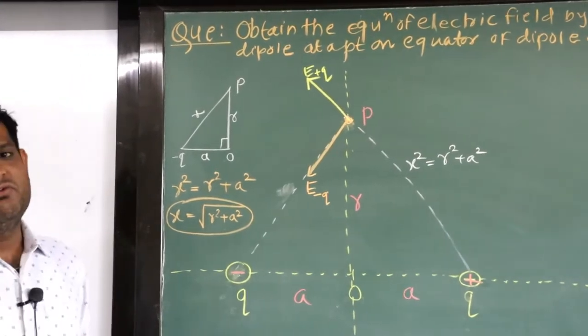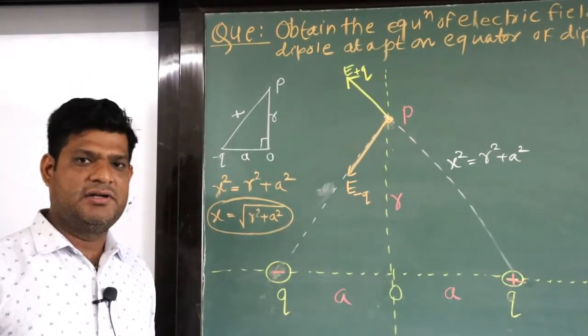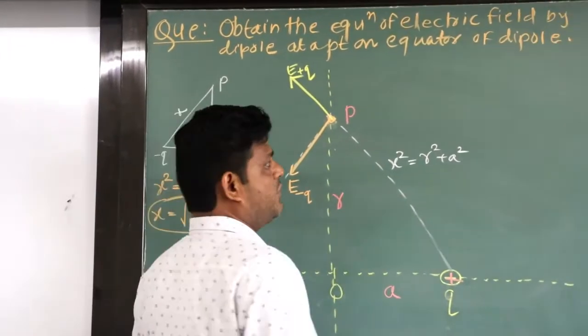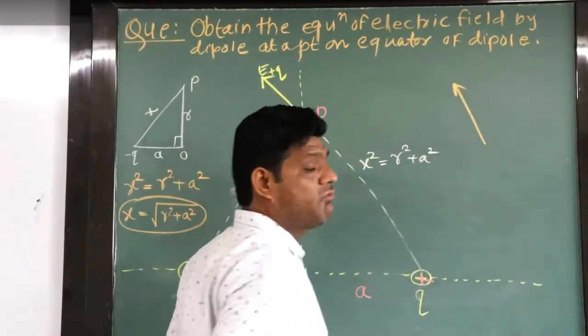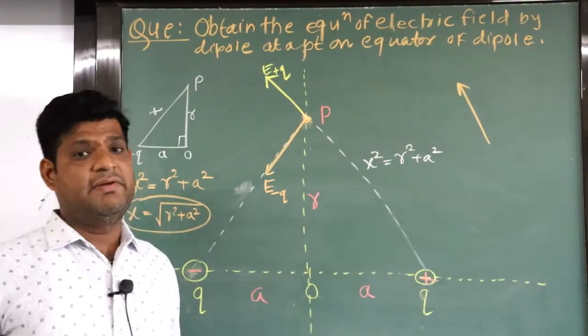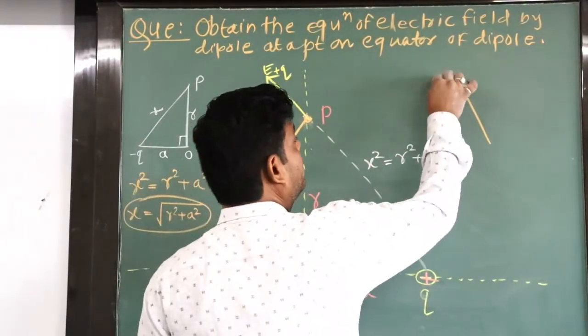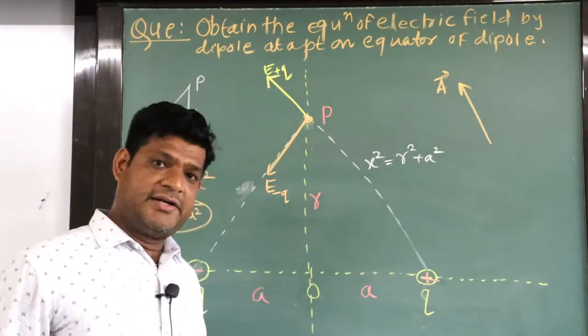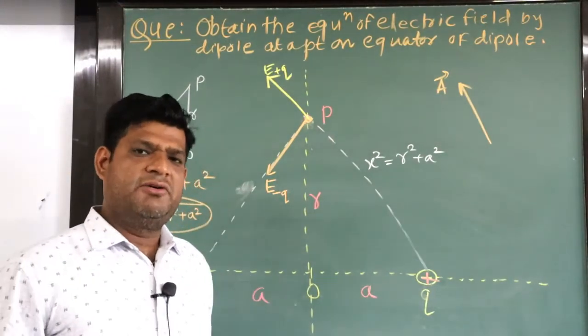And we know how to find out the components of any vector. This we have studied in standard 11. Suppose this is a vector and we want to find out the components of this vector. For that purpose we have a small trick.